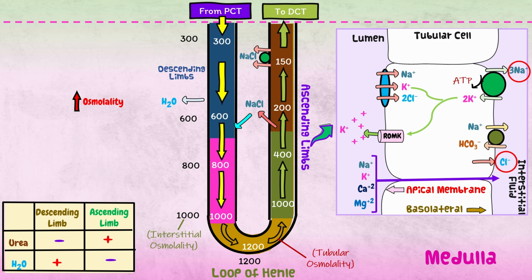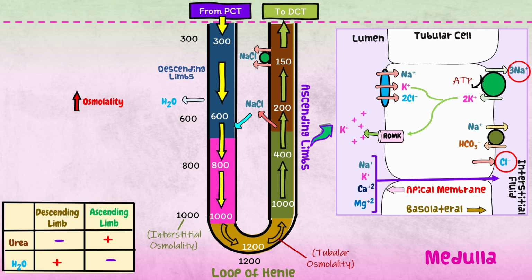As this concentrated fluid descends, it travels in the opposite direction to fluid returning from the still higher osmolality regions of the deep medulla. This countercurrent arrangement creates an osmotic gradient, causing sodium and chloride to diffuse out of the ascending limb, diluting the ascending fluid, and water to diffuse out of the descending limb, further concentrating the descending fluid.